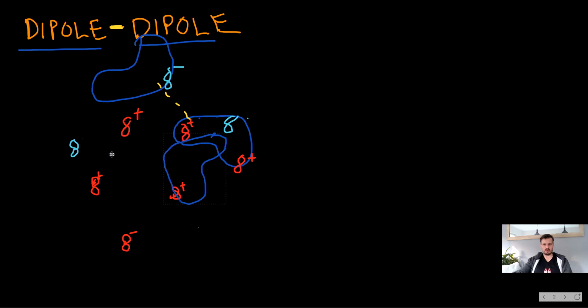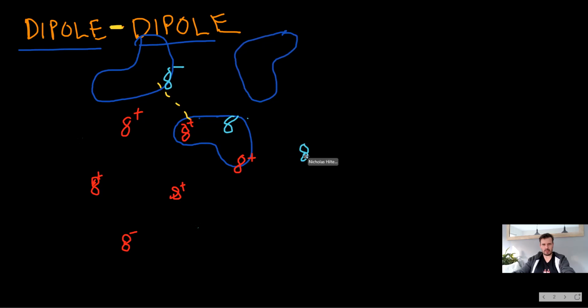And so we could move, let's move this one. And so they would then move around to align themselves to be attracted to, I could go there. And so there, this positive end here.